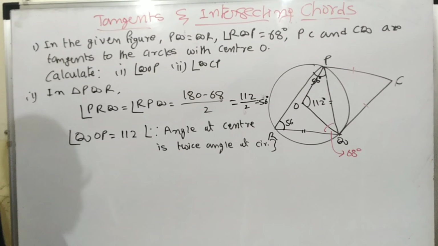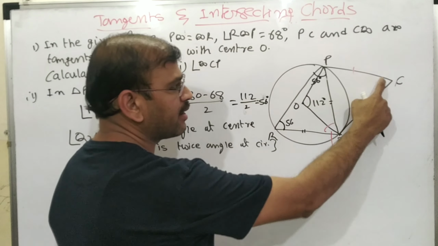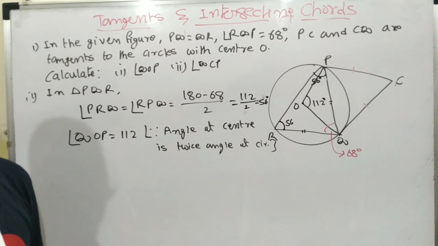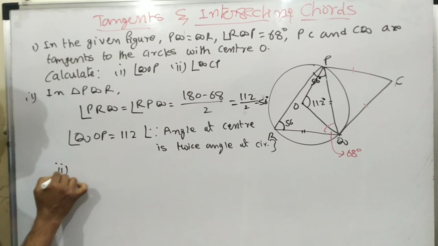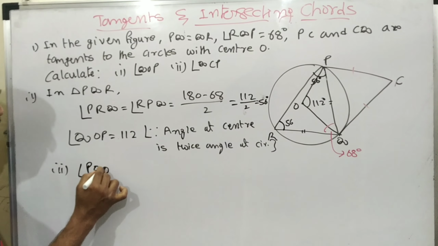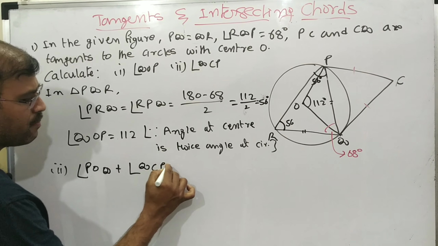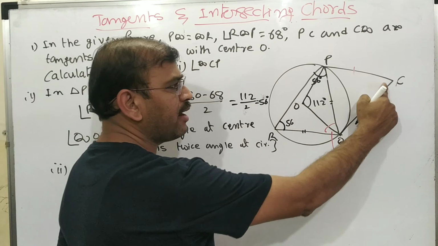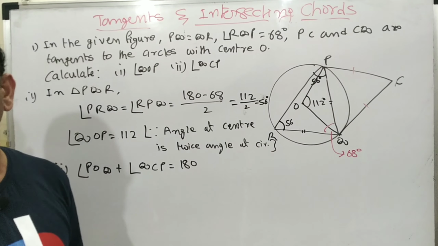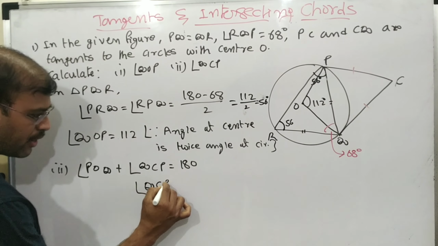So in the first video of the tangent, I have explained the center angle and exterior angle equal to 180 degrees. So according to that, I can consider angle POQ plus angle QCP equal to 180 degrees, because center angle and exterior angle always form 180 degrees. So we need to find the QCP.